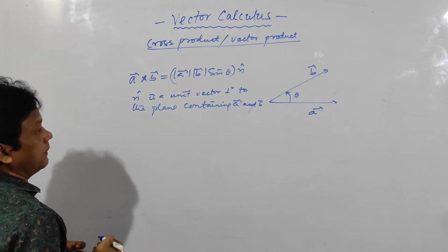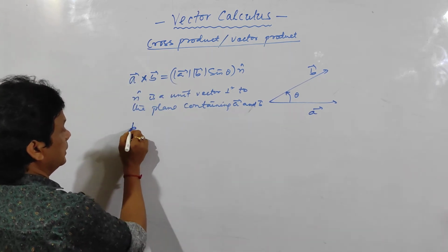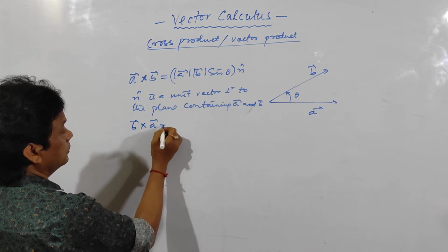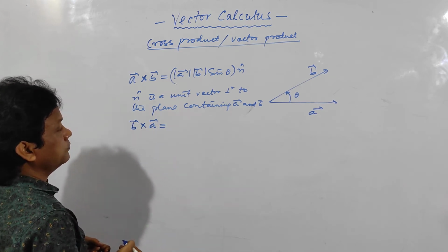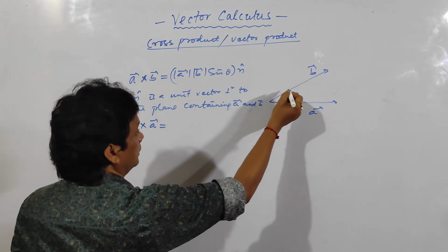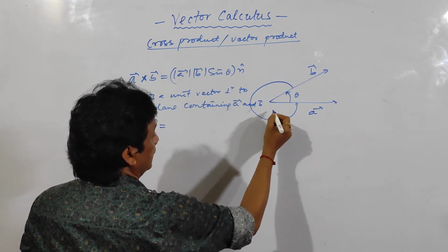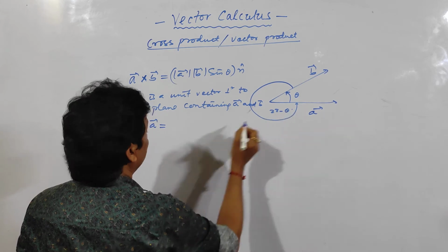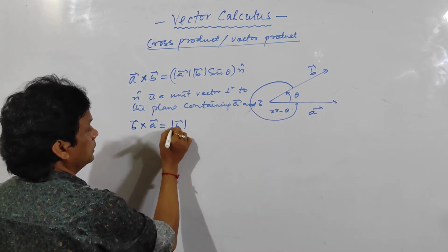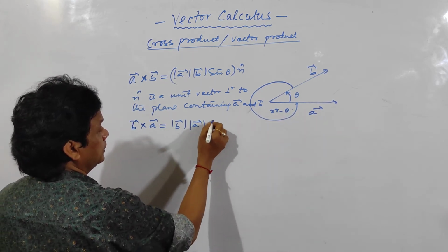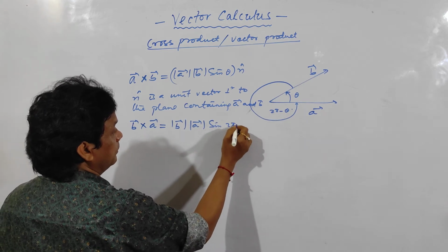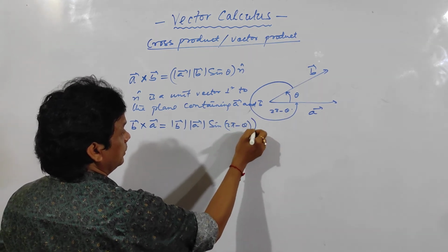Now see here. And what is B cross A? I have told you. B cross A, while applying the formula, you should take the angle in anti-clockwise direction, and the angle is 2 pi minus theta. So |B| into |A| into sin (2 pi minus theta) into n cap.